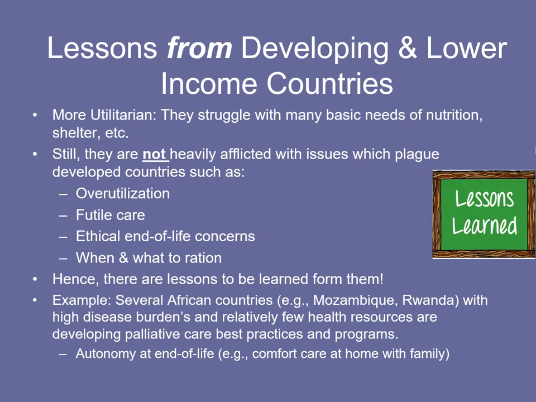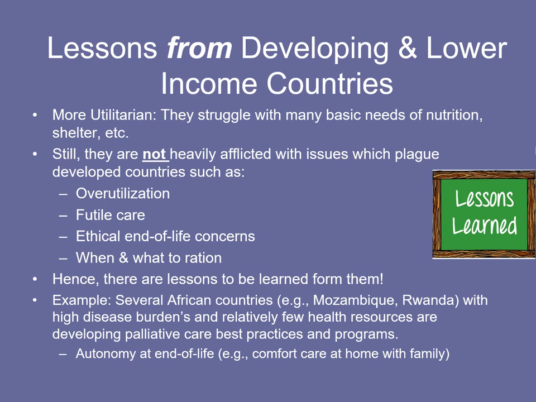In examining autonomy abroad, it is also very important to look at countries that are developing and lower income countries. These countries tend to be more utilitarian out of necessity. Ironically, they're not heavily afflicted with issues which plague countries such as the United States, Canada, England, and other developed countries. They're not plagued with overutilization.